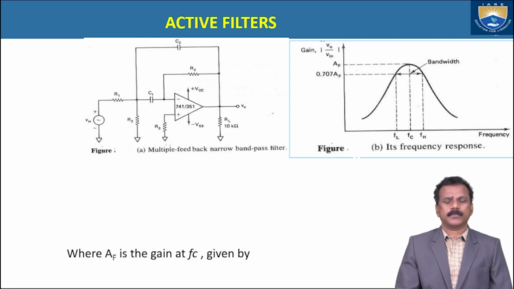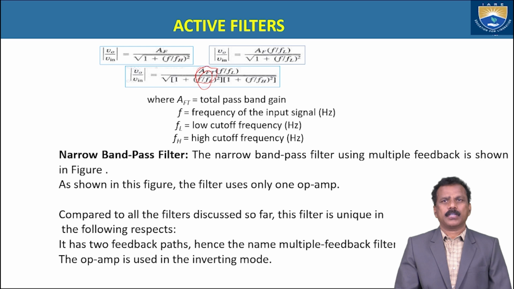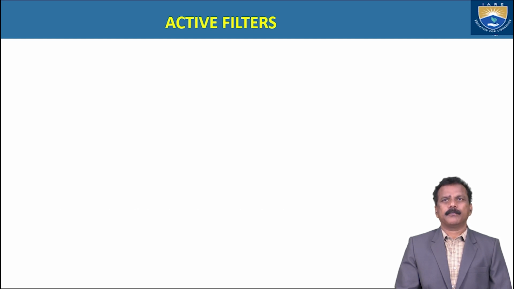Here the inverting terminal is connected to C1 and R3. Compared to all the other filters, it has two feedback paths, hence the name multiple feedback filter. The op-amp is used in the inverting mode.